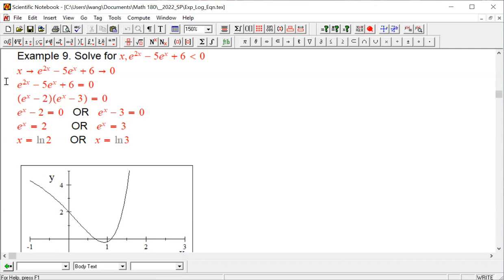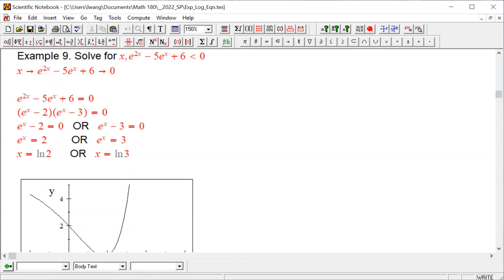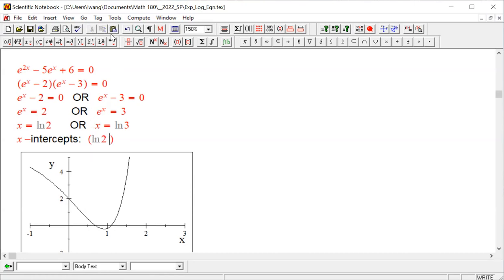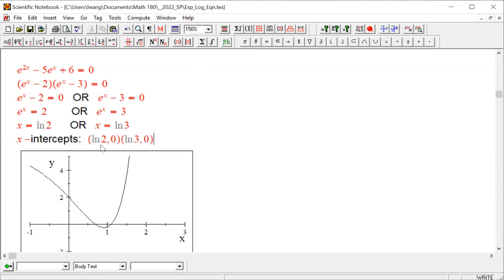By this time, because we set the curve equal to 0, we have found the x-intercepts. We have 2. So what are these 2 x-intercepts? Because we set the output to be equal to 0, the first one is (ln 2, 0). The next one is (ln 3, 0). Okay, which is which?